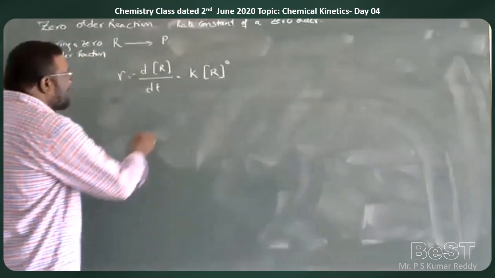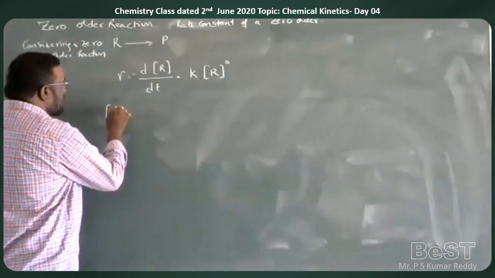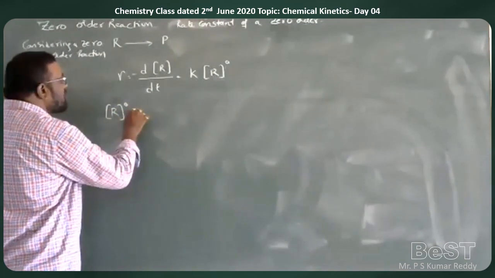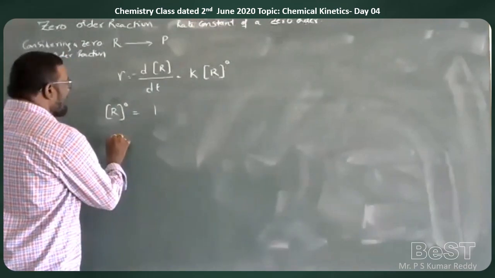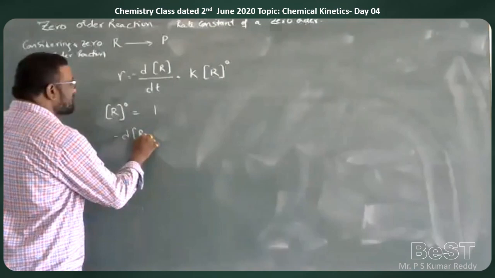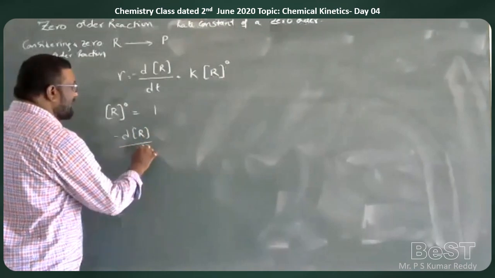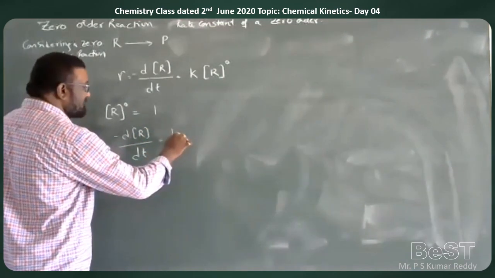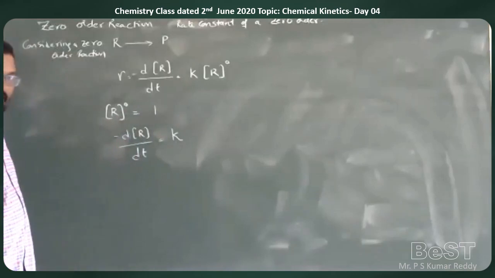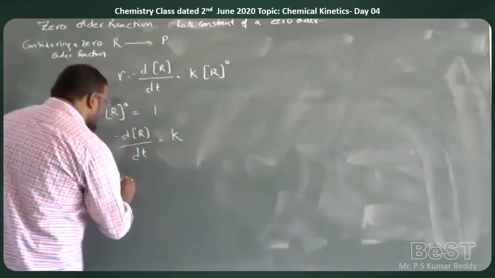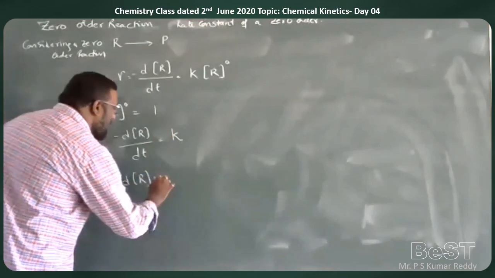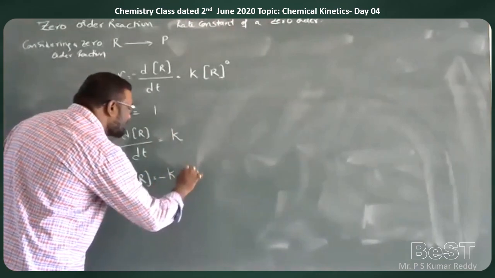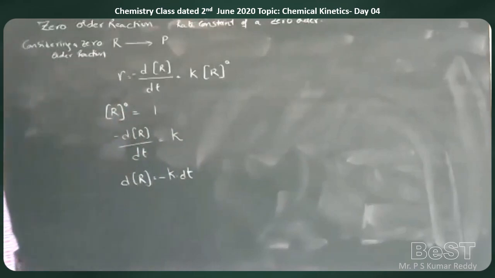Anything to the power of 0 is equal to 1. So automatically minus dR by dt is equal to K. Now I am rearranging it: dR is equal to minus K dt.